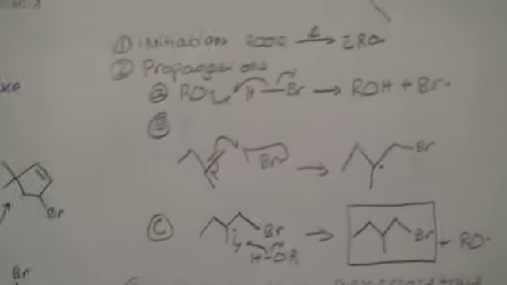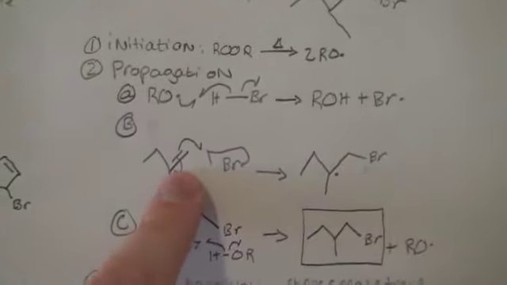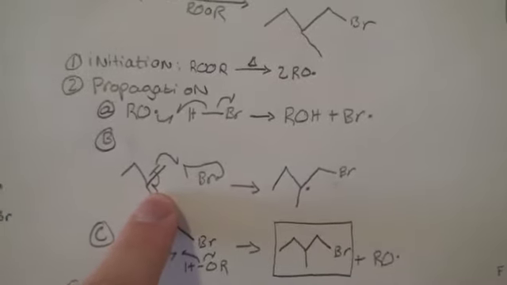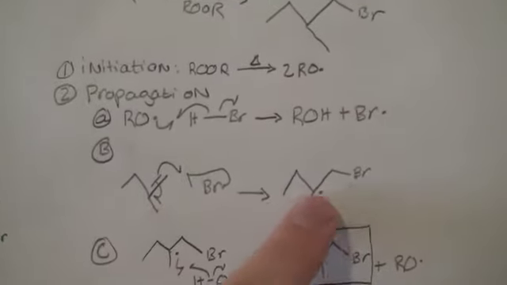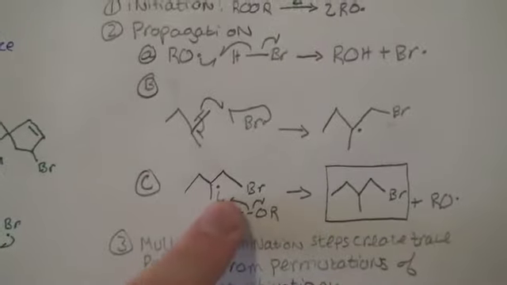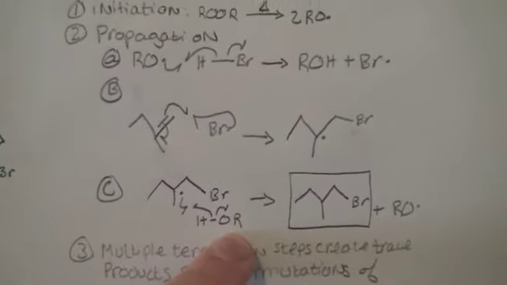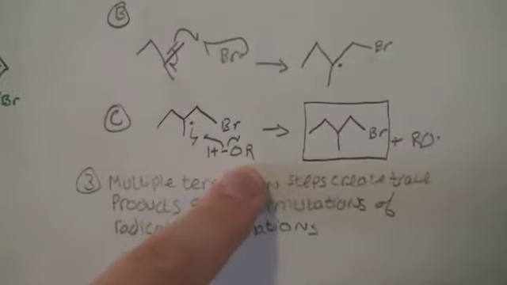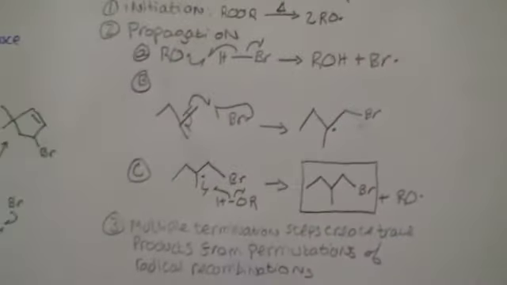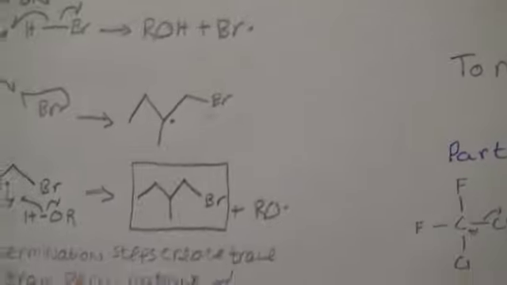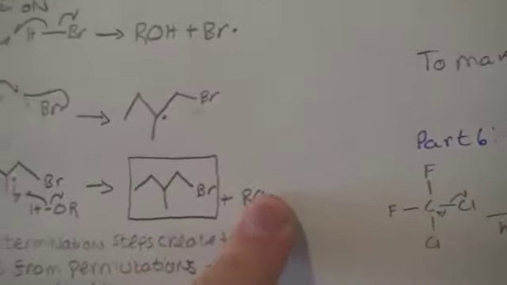The Br dot adds in such a way to leave the resulting dot for the radical on the most stable place. That abstracts the hydrogen back from the ROH, because the ROR is a catalyst, so it's going to be regenerated. You get your major product and a propagation step, plus RO dots.